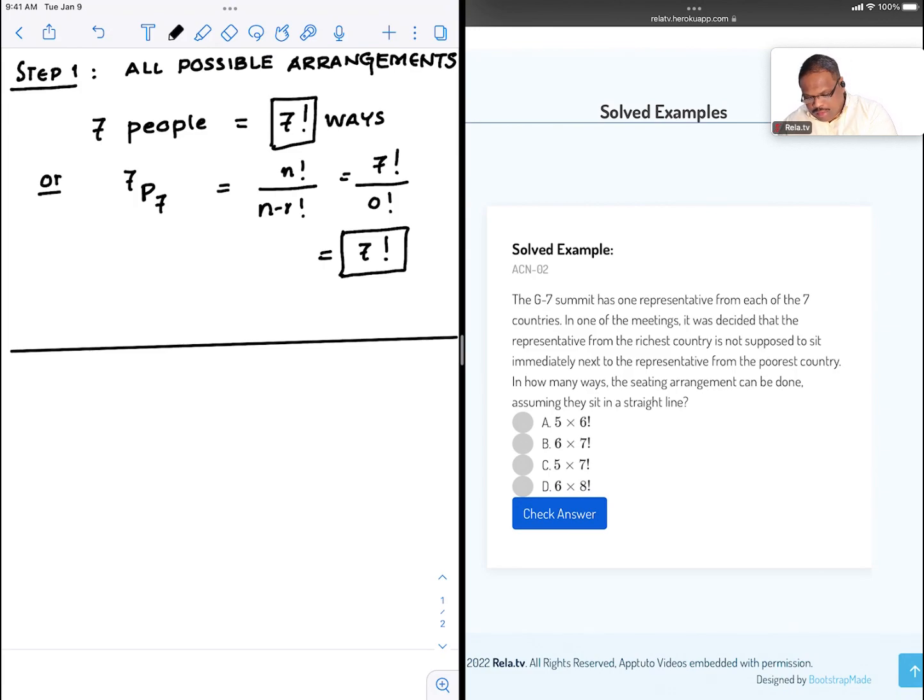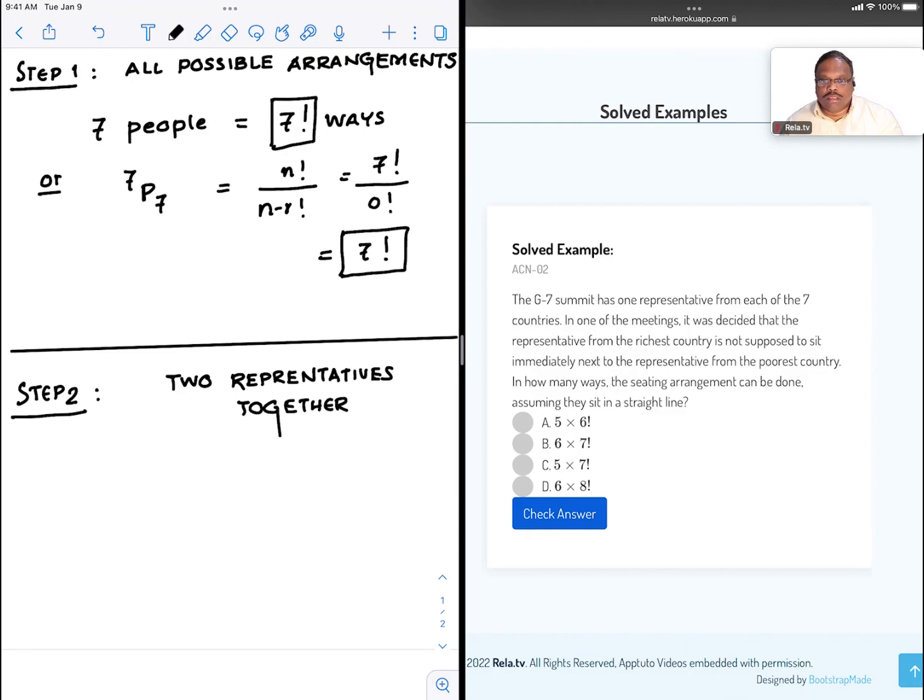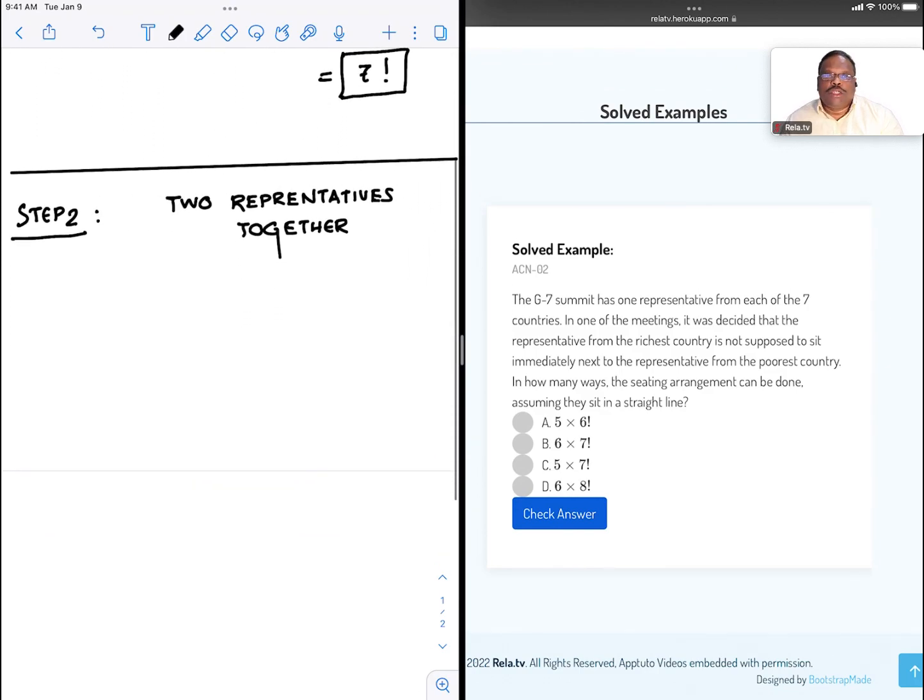So I will write here step 2: these two representatives together. This is exactly not the thing which we want, so we will eliminate that from our total number of possibilities. How can we make sure that these two representatives are together?